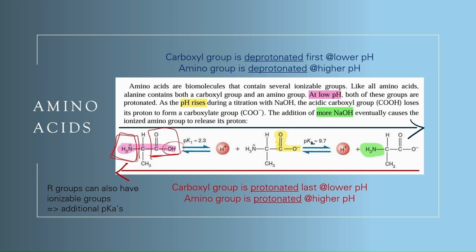So at a low pH, when you don't have much base, right? It's a very acidic state, say 2.3, so you don't have many hydroxide ions, so they're all in a protonated state. Now you need to know, for an acid, what does it do? It gives away protons.